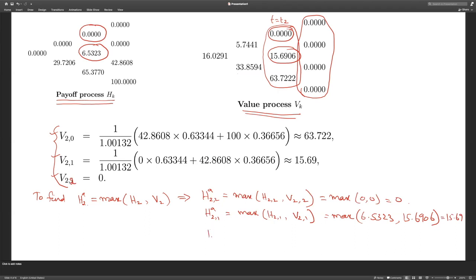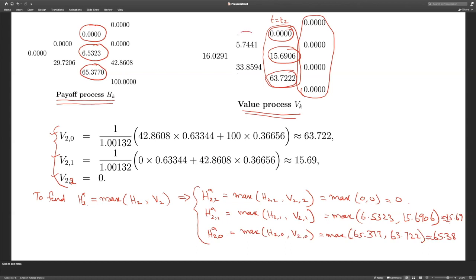And what about HA20? That is maximum of H20, that is 65.377, and here V20 is 63.722, and therefore it is 65.38 approximately. So we got the option value at t equal to T2. Now let us see how to get the option value at the time level t equal to T1.